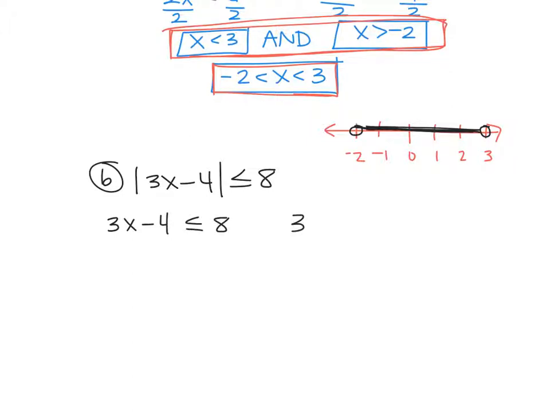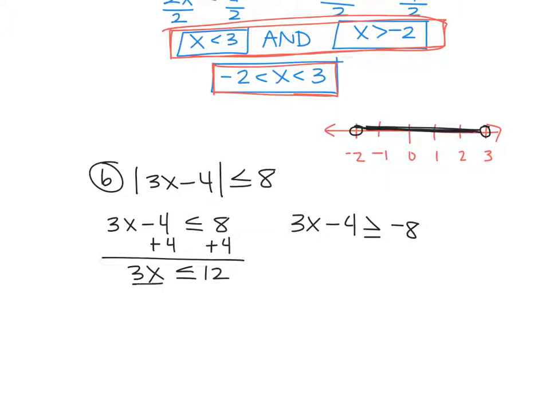What's your second equation going to say? 3x minus 4 is greater than or equal to -8. Okay, and solve both of them. So we're going to add 4. And we get 3x is less than or equal to 12. Divide by 3. So x is less than or equal to 4.